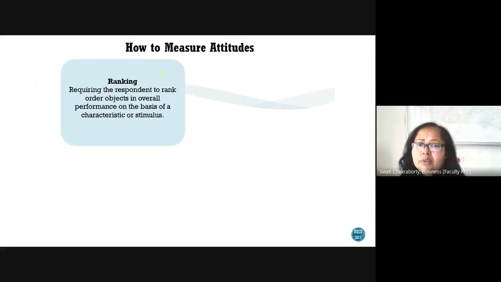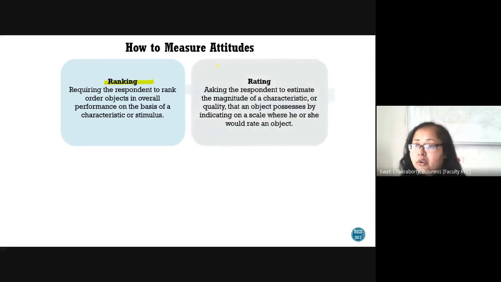Now, how to measure attitudes? First is ranking, which requires the respondent to rank order objects in overall performance on the basis of a characteristic or stimulus. Rating is where you ask the respondents to estimate the magnitude of a characteristic or quality that an object possesses by indicating on a scale where he or she would rate an object.